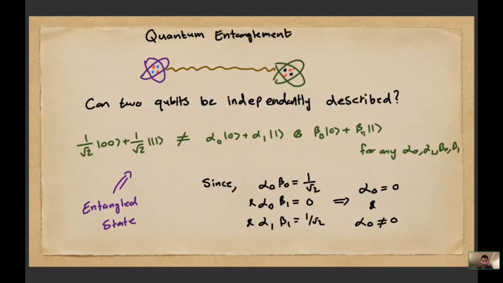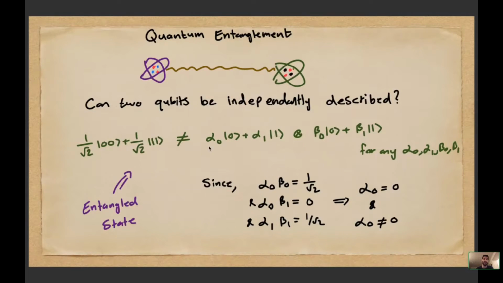Alpha 0 beta 1 has to be equal to 0 because that doesn't exist here. And alpha 1 beta 1 has to be equal to 1 over square root of 2. This means that alpha 0 is both 0 and also cannot be 0, because beta 1 has to be both 0 and cannot be 0. By these three equations, you can immediately see that this is not possible.